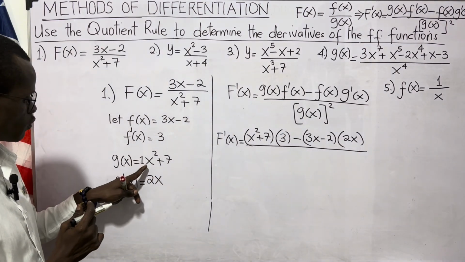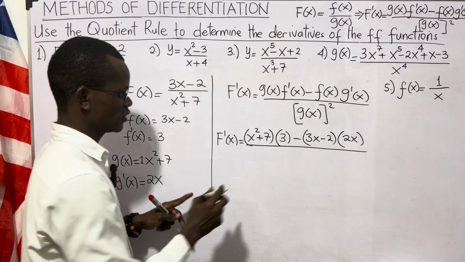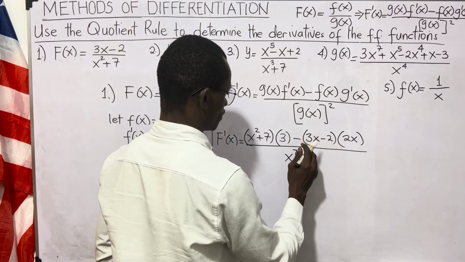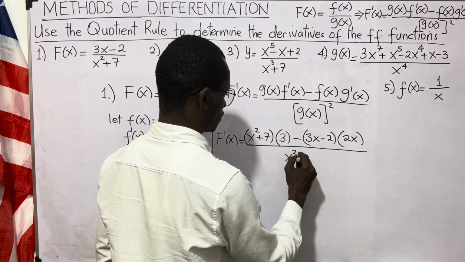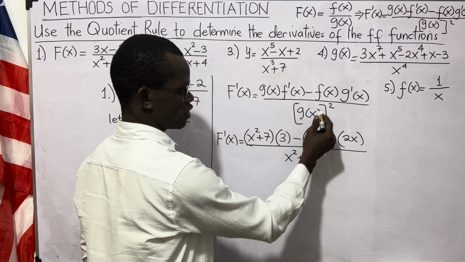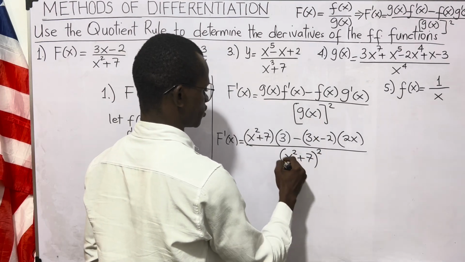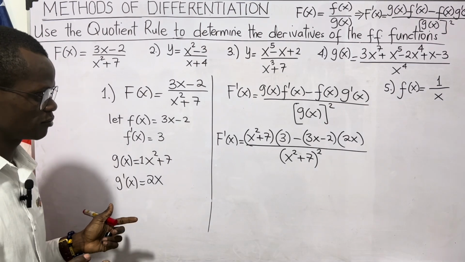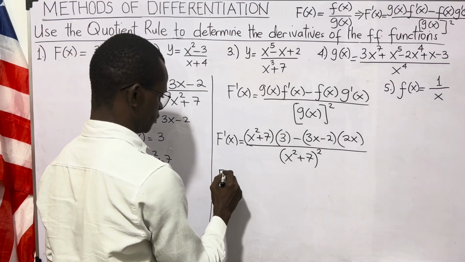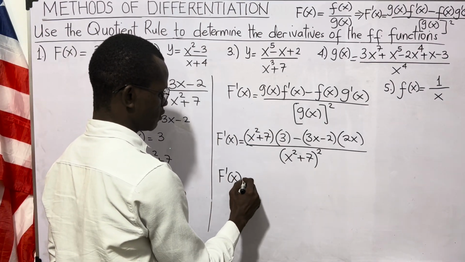This is g of x, x squared plus 7, and then g of x all squared. So you just square this expression. So that's it. Then you can simplify. The derivative portion now is over.